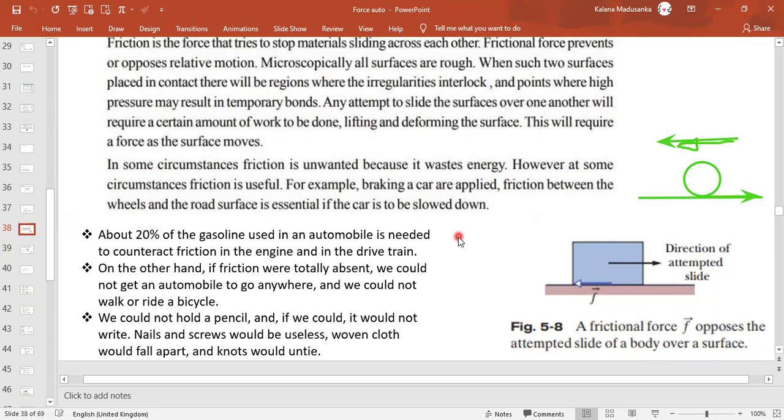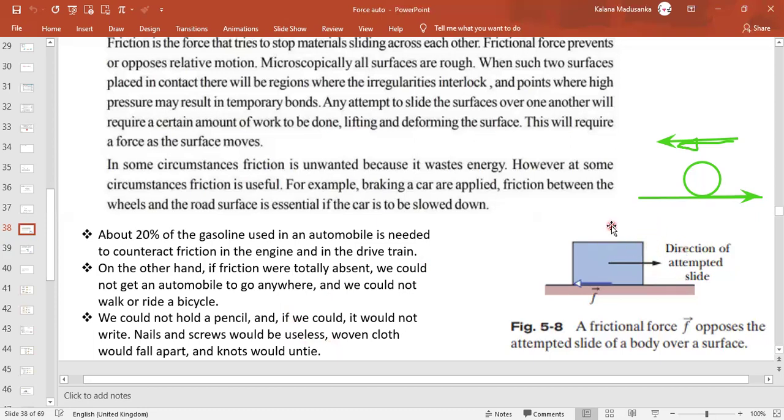And the nails and the screws would be useless. Let's say you are putting a screw somewhere in the wall, but after a certain time it is going to come out by itself because there's no friction. And the woven cloth will also fall apart, right? Knots of the ropes will also untie.